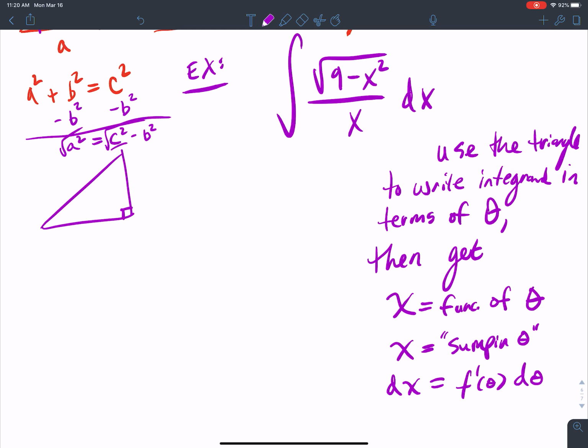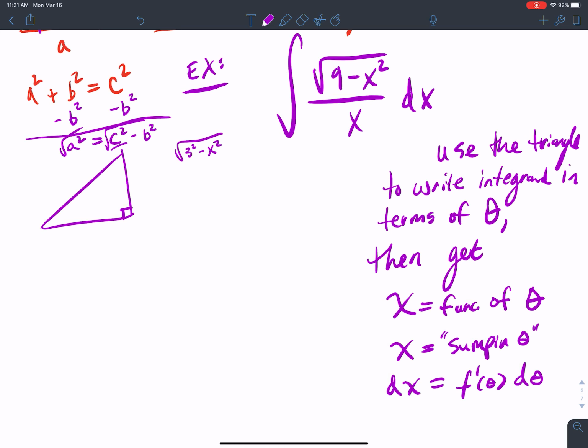So the long side, the hypotenuse, is always the positive one in here, and the leg is the negative. If you think about it, a big number minus a small number will be positive. When I'm taking a square root, I don't want to deal with negatives, so it makes sense. What's going on here is I've got like 3 squared minus x squared.